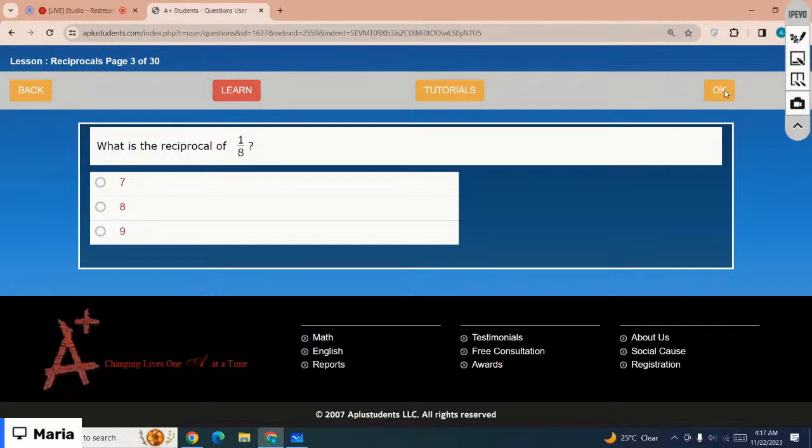What is the reciprocal of 1 over 8? Yes, the reciprocal of 1 over 8 is 8, right? Option number 2 is the correct option.